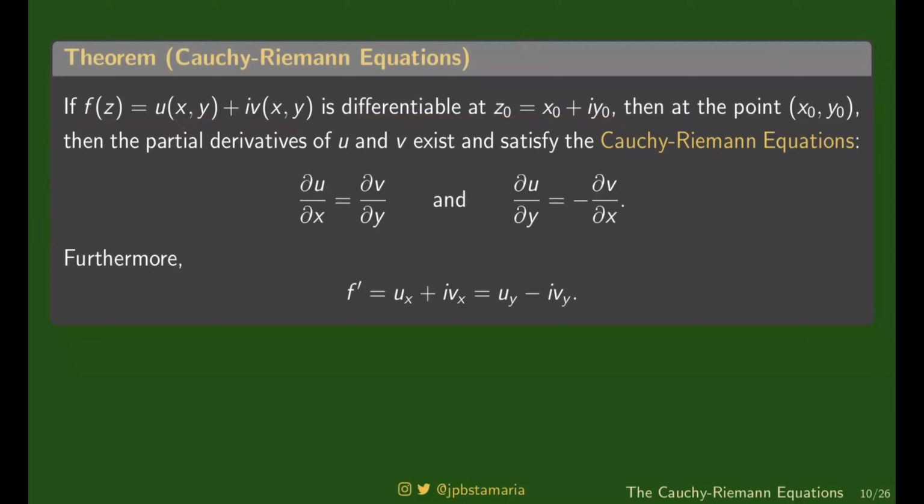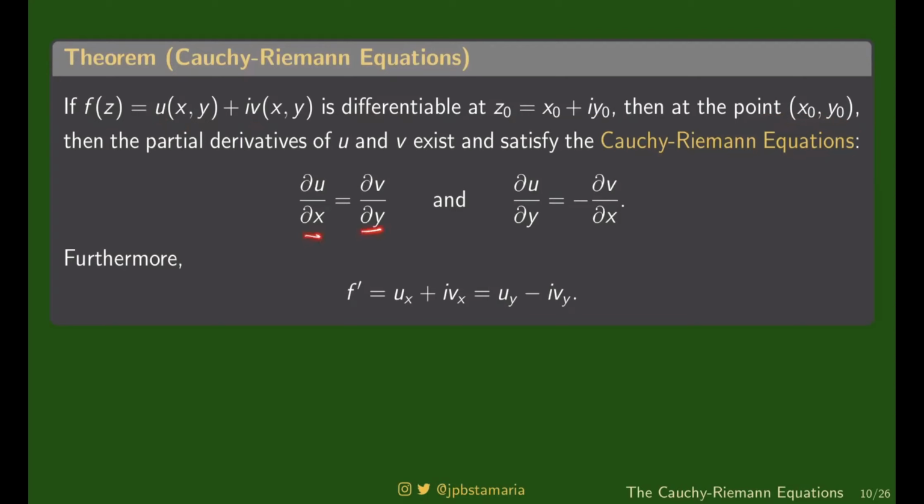How do u and v behave? What we have found out after the long computations that we did is that yung mga functions na to, as functions of two variables x and y, their partial derivatives both exist at the point x0, y0, and at this point, the partial derivatives satisfy the so-called Cauchy-Riemann equations, which are the following.